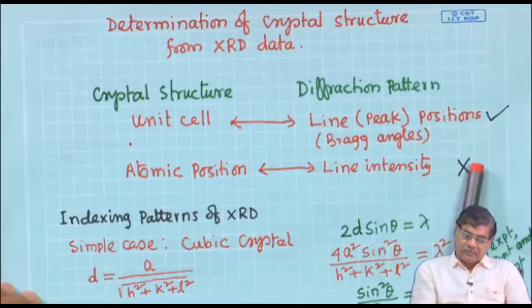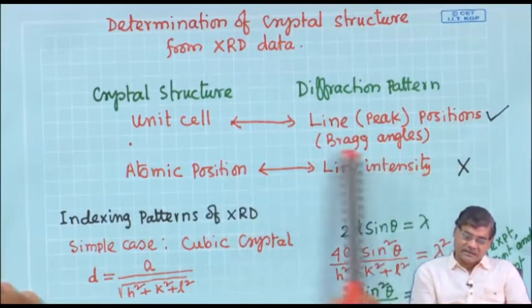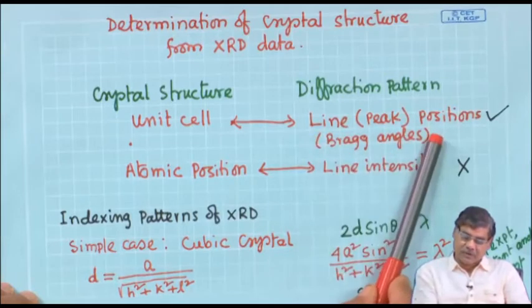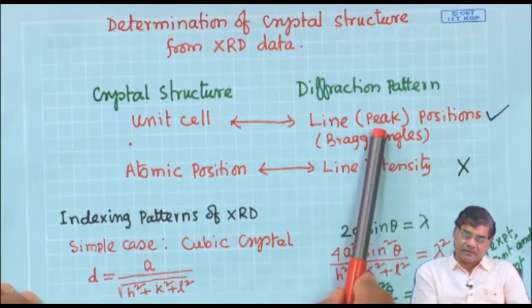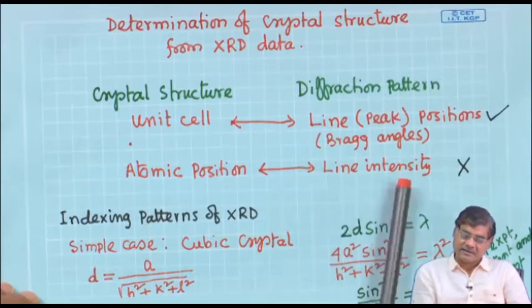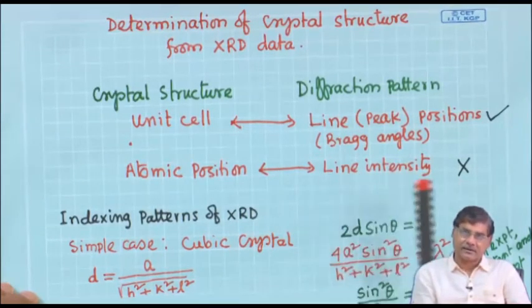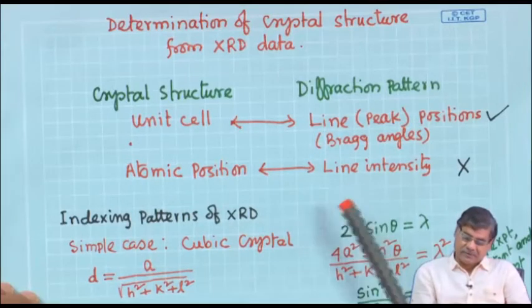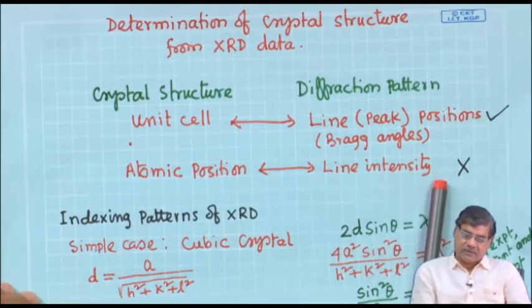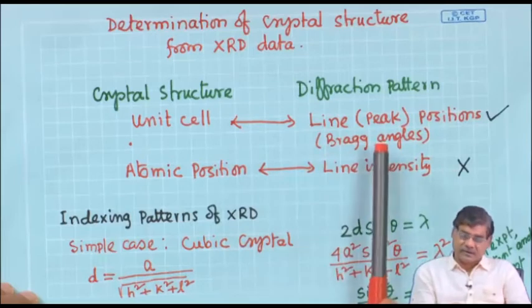Here I will mainly discuss peak position and peak width, but I will not discuss the intensity part because it is slightly complicated and is for higher study. The other part is not very difficult.